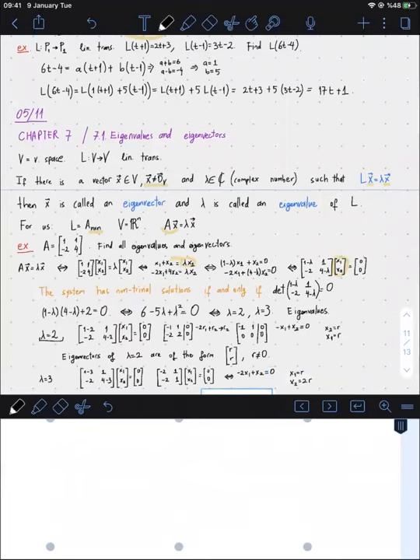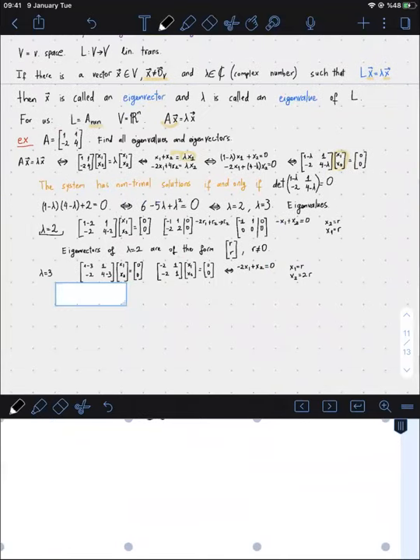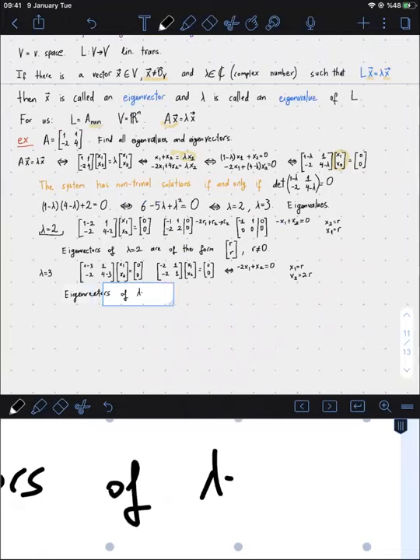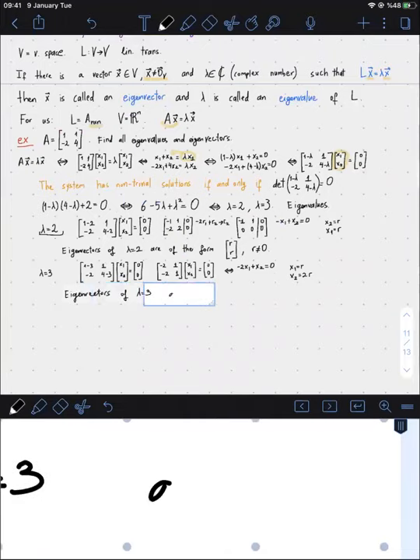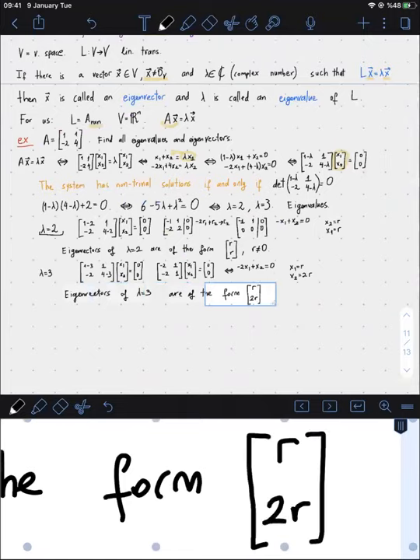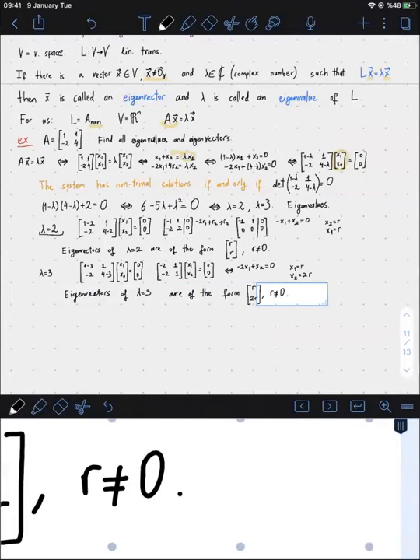And then the corresponding eigenvectors of lambda equals 3 are of the form r and 2r. And here we don't want r to be 0. All other numbers except for r equals 0 are eigenvectors.